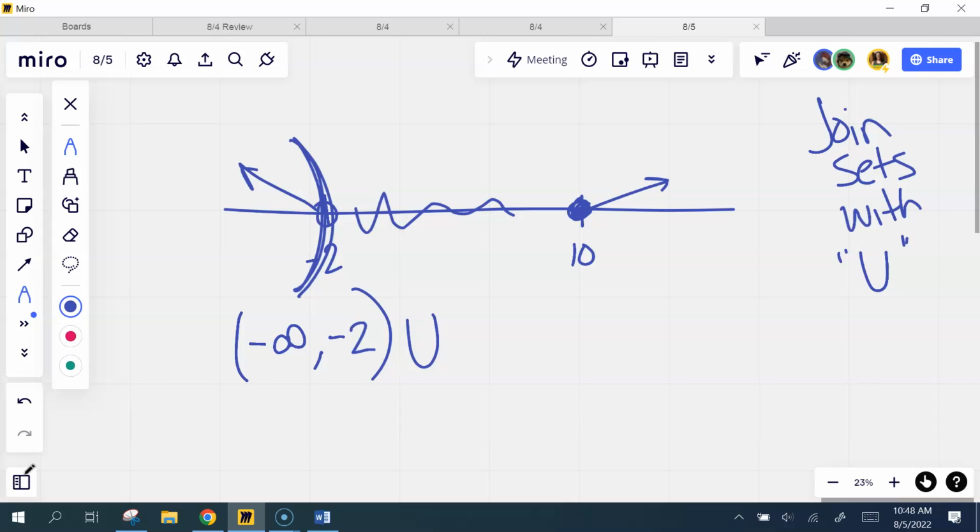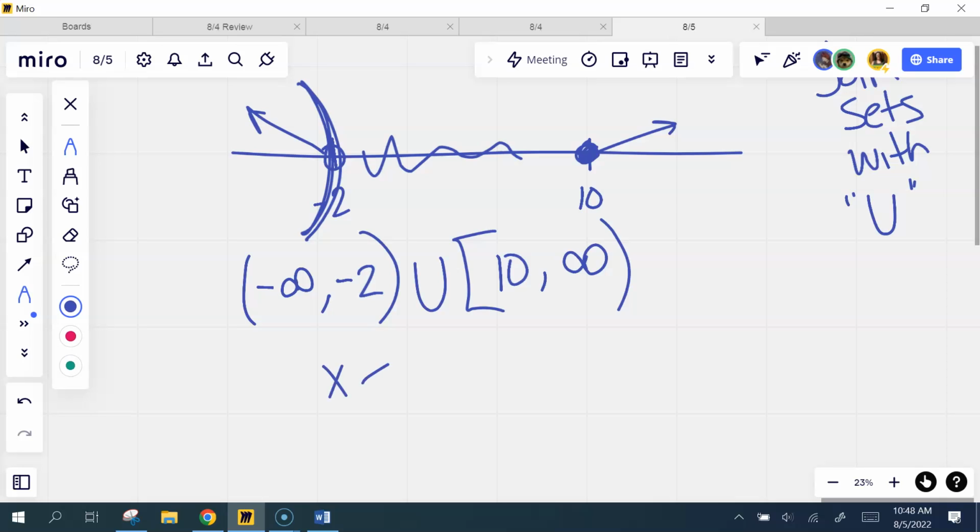So I put a U in between, and then what do you think? 10, comma, infinity. In inequality, this would be x is less than negative 2, or x is greater than 10. It's one of those ors that you did when you did compound inequalities. Okay.